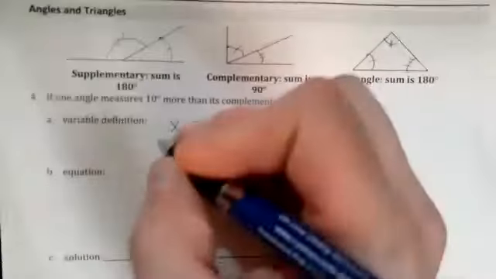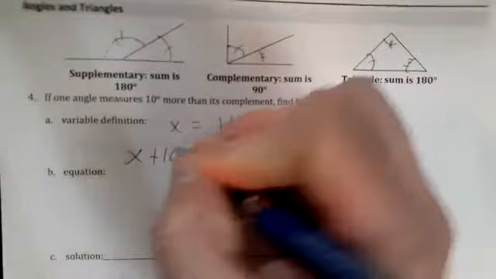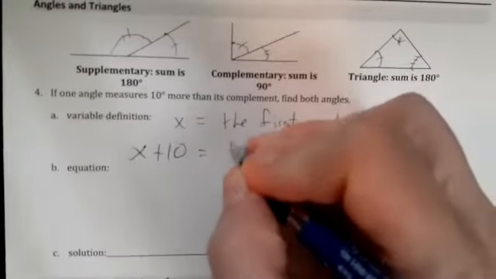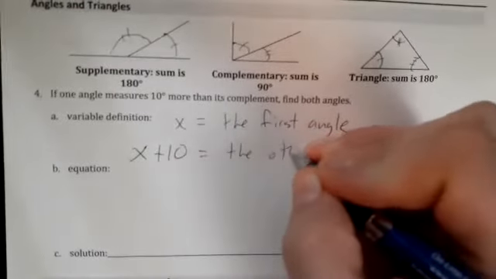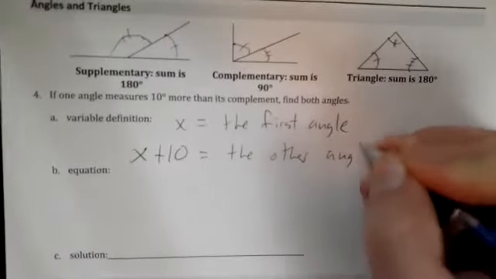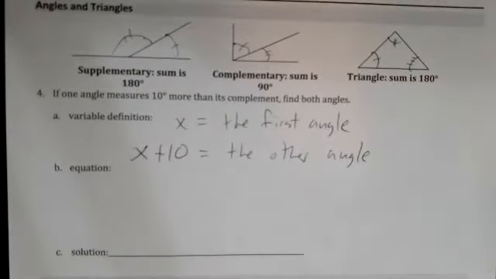So 10 more than this one would be x plus 10. And so this would be the other angle. So we have the first angle, we have the other angle. The other thing we know, they are complementary, which means they sum to 90 degrees.